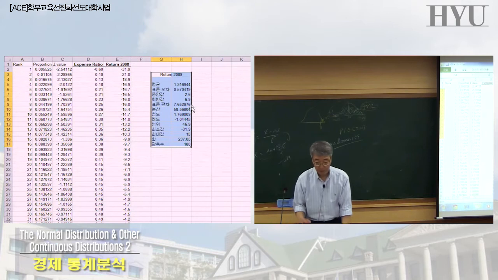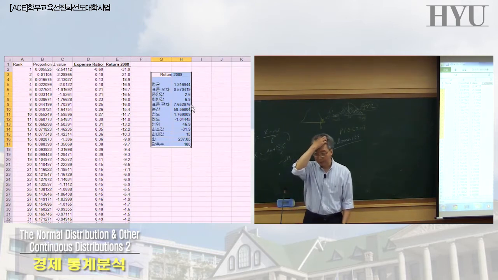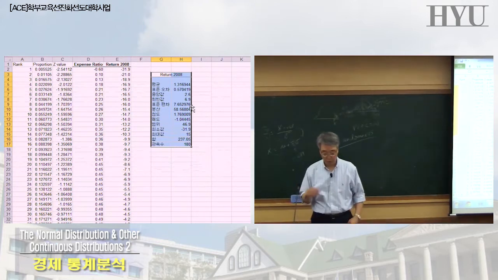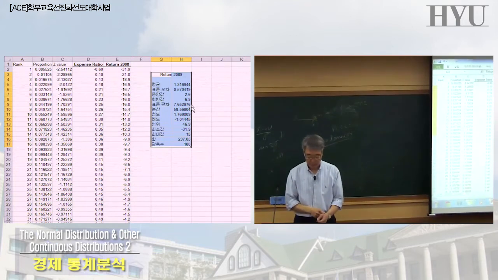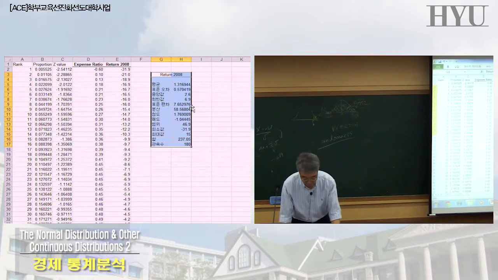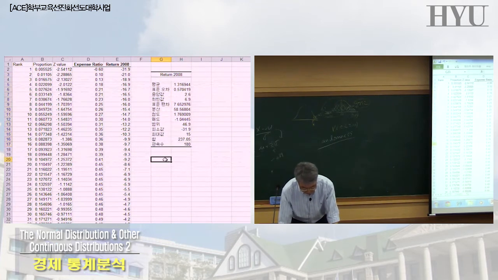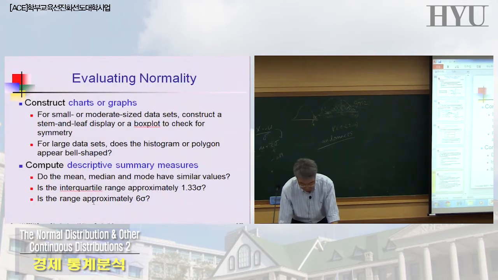So that's probably a bad sign, right? This return 2008 is not normally distributed. You can probably say that, right? Anyway, so that's what you can do. You can check all this, okay?